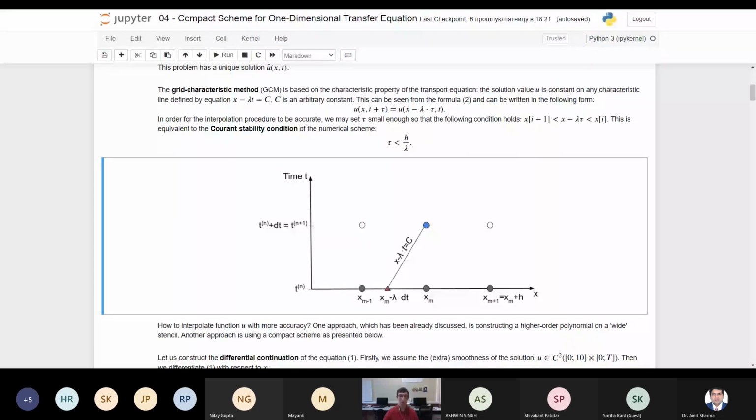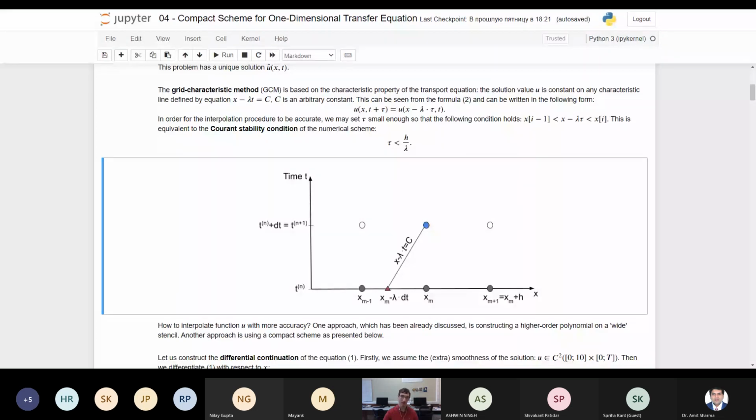And our goal is to find the values at the next time step, at the n plus first time step, which equals t plus dt. And we don't know these values, therefore they're depicted by empty circles.